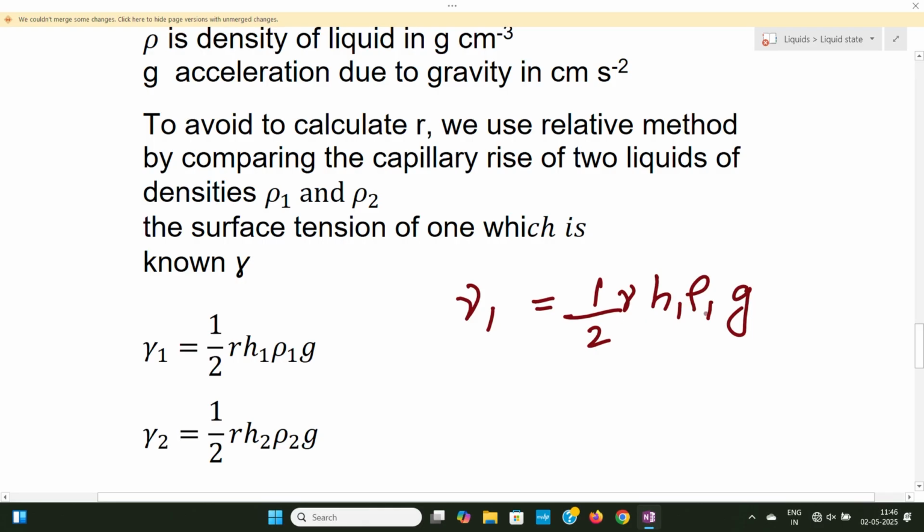The radius of the capillary and the acceleration due to gravity are not changing, but the height in the capillary tube and the density of the liquid vary. Therefore, for the first liquid, h1 is the height and rho 1 is the density of the liquid.